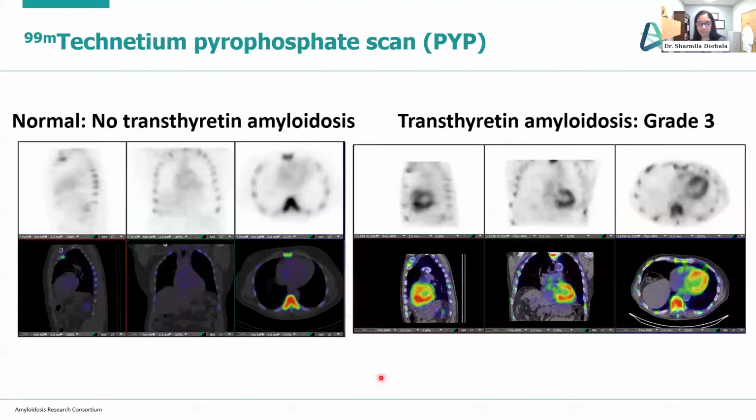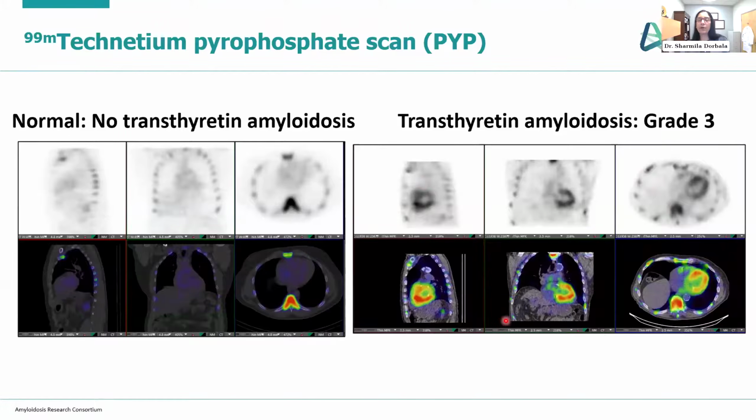All right. So this test gives a signal of amyloid in the heart. Again, a positive test doesn't tell us whether it's transthyretin or light chain form of amyloid. It just tells us that amyloid, it's a much stronger signal in transthyretin form of disease than in the light chain form of disease.